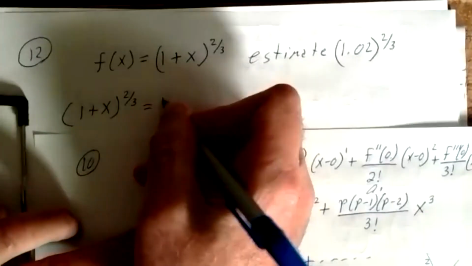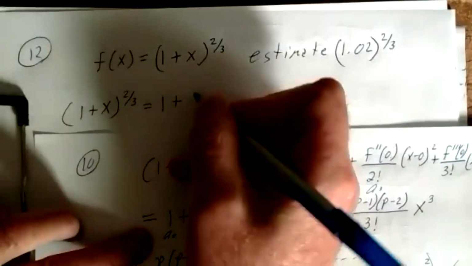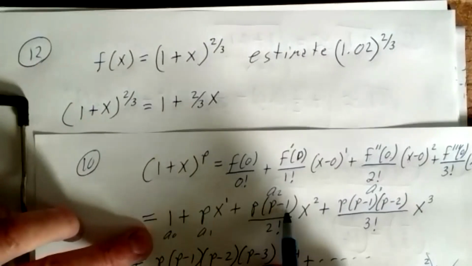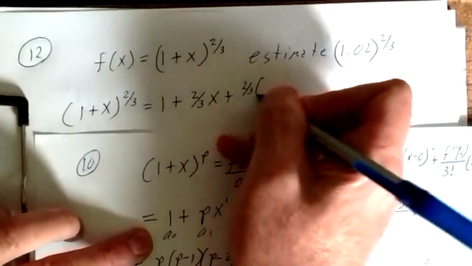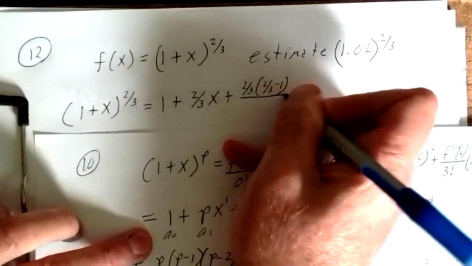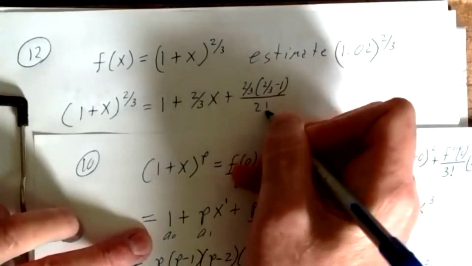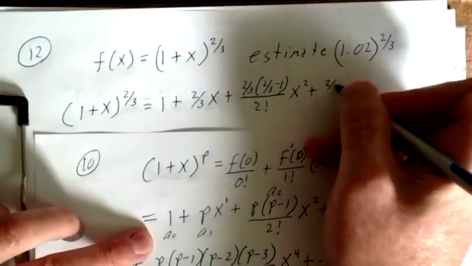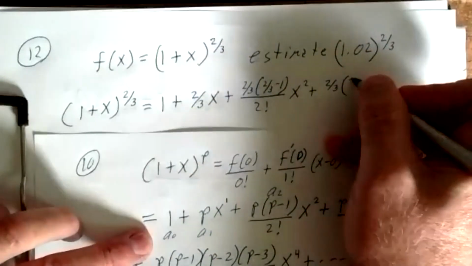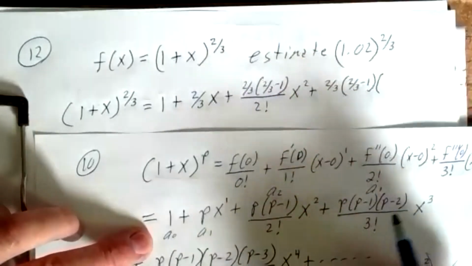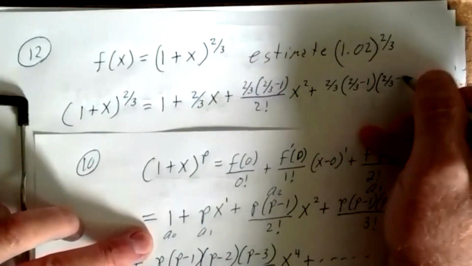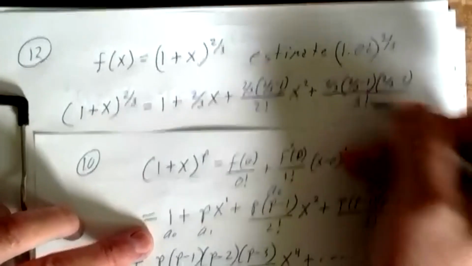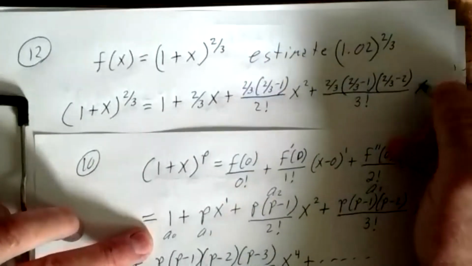1 plus 2/3 times x plus 2/3 times (2/3 minus 1) over 2 factorial times x squared plus 2/3 times (2/3 minus 1) times (2/3 minus 2), all divided by 3 factorial, times x cubed.